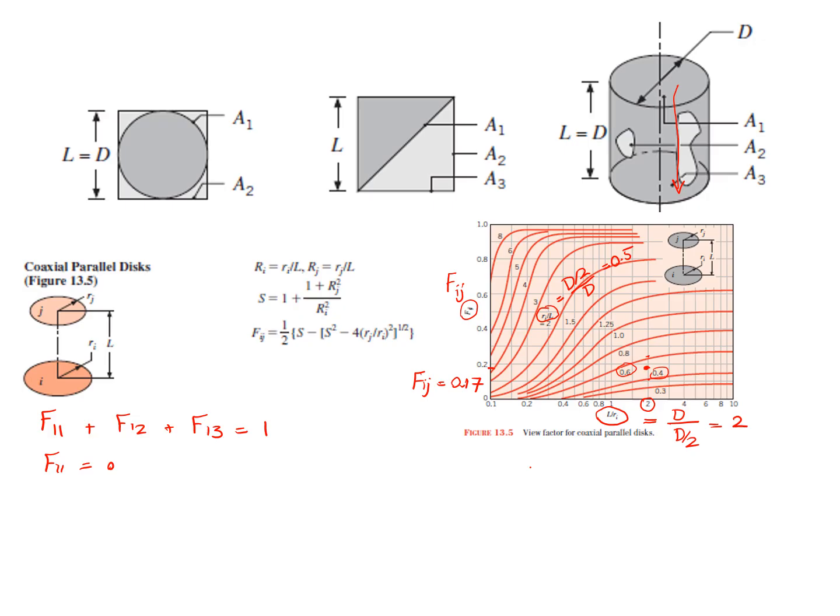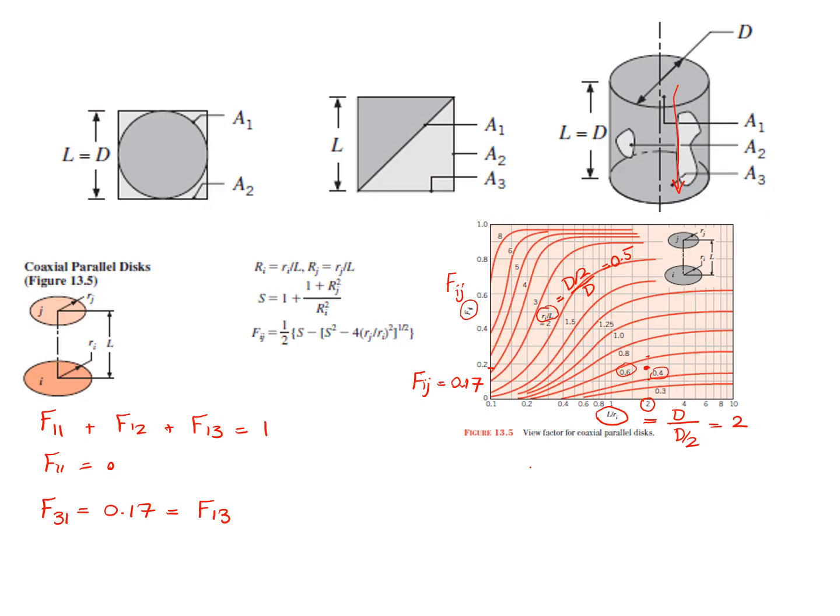Now for my case, Fij is my 3 to 1, so I'm going to arrive at F3 to 1 as 0.17. And based on symmetry, 3 to 1 or 1 to 3 is exactly the same, or in other words, the areas are also the same. So F3 to 1 is equal to 0.17, which is going to be equal to F1 to 3 as well. They're having the exact same area. This is all symmetrical, so I can arrive at that.